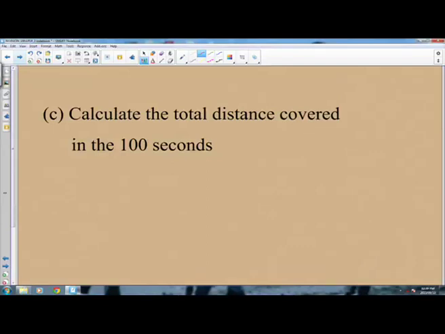Area of a triangle is half times 40 times 16. And then 2 here is 1, 2 here is 2, meaning we have 20 times 16. You can use your calculator because here you are allowed to use your calculator.